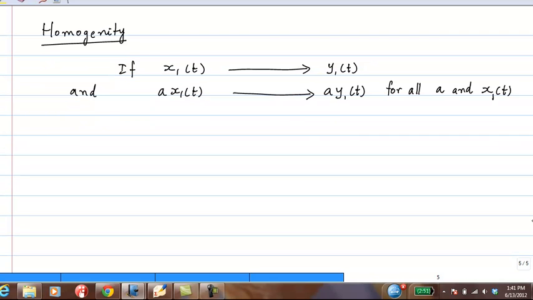Okay. As examples, you can verify that the system that we considered first, namely the system y of t is t times x of t, is in fact homogeneous.